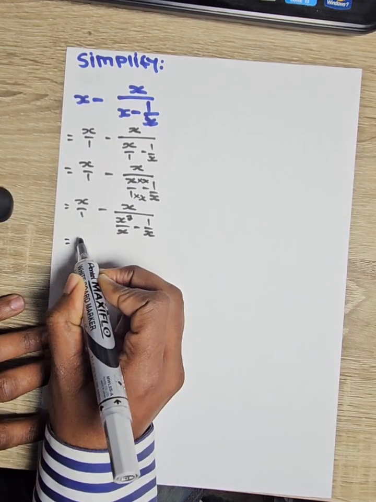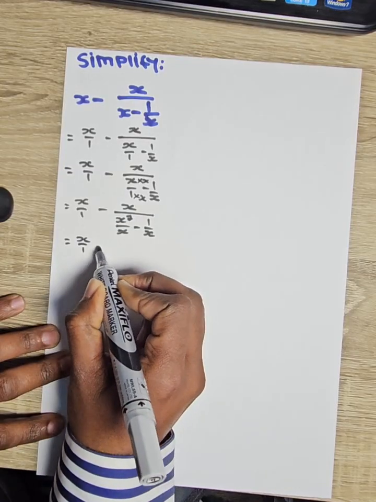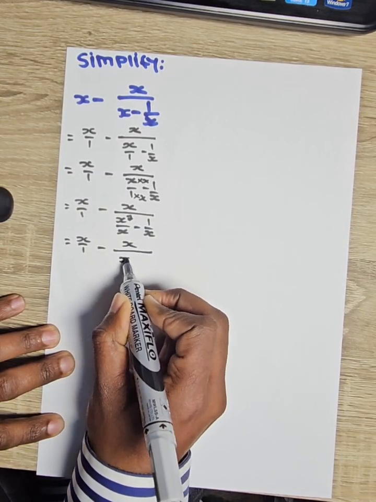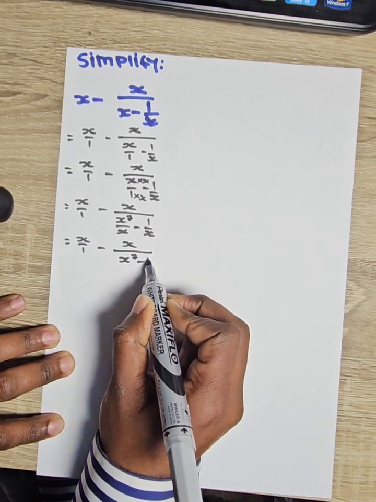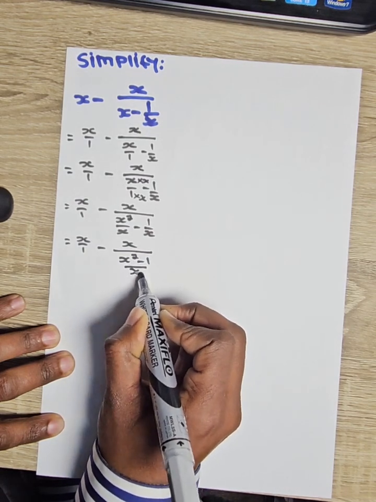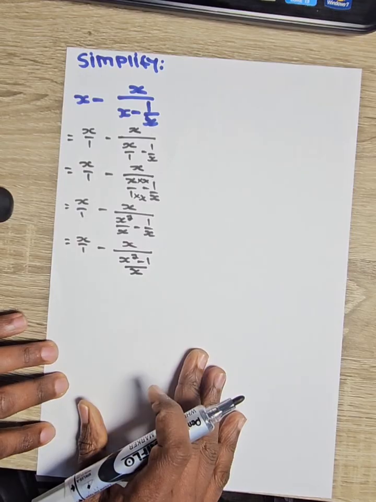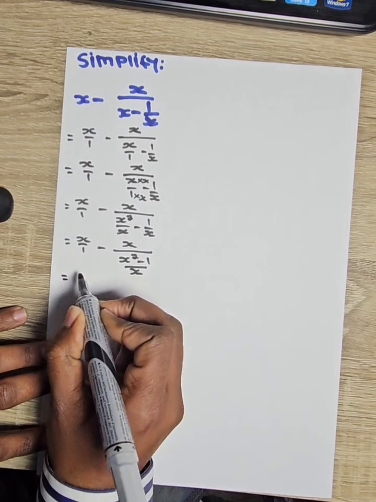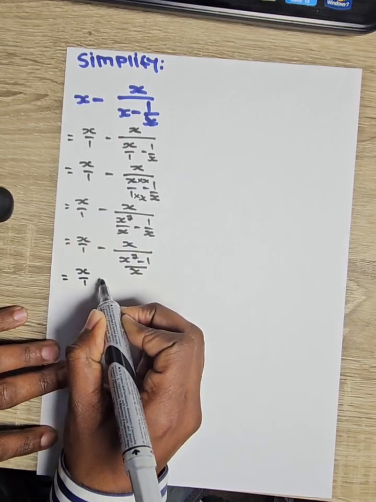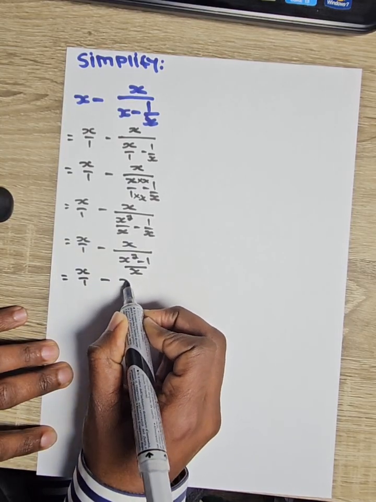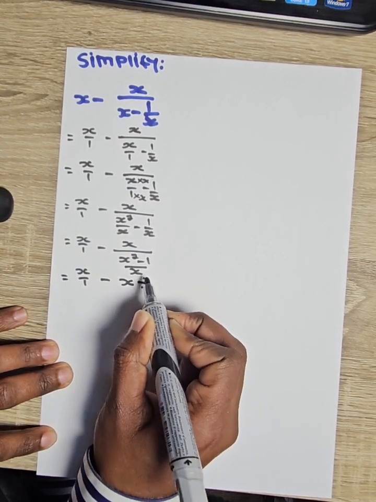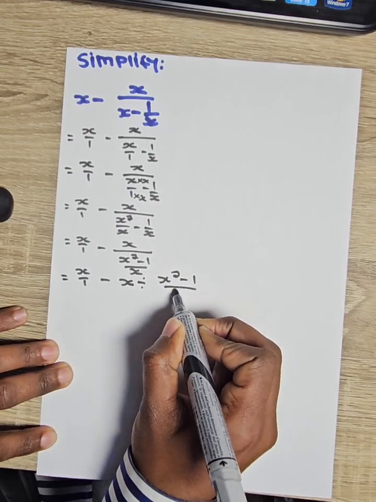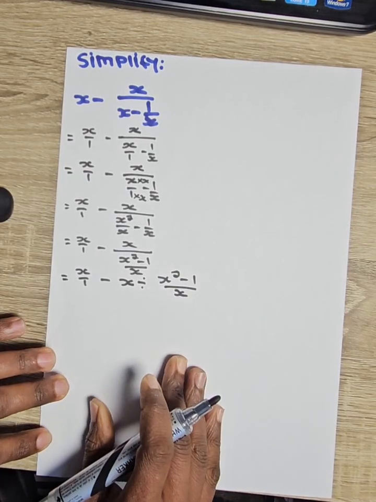Now I will say equals x over 1 minus x over x squared minus 1 over x. I simplified the bottom, which equals x over 1 minus x divided by x squared minus 1 over x.